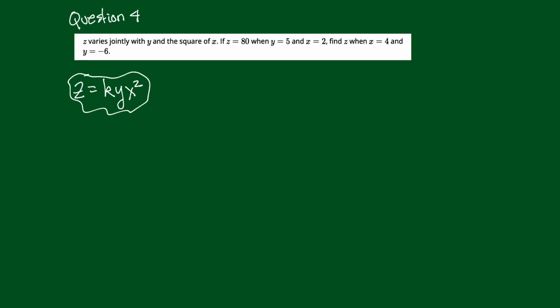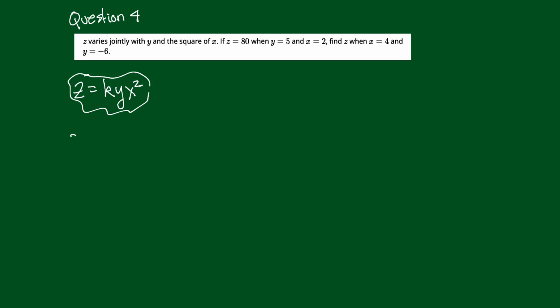Now to get the particular variation equation, they're going to give us information about the relationship between z, y, x, and k. Now let's see what we can do about getting k if we know z, y, and x, which we do. Right here is what we know. Z is going to be 80, y is 5, x is 2. Put those values in here and solve it for k.